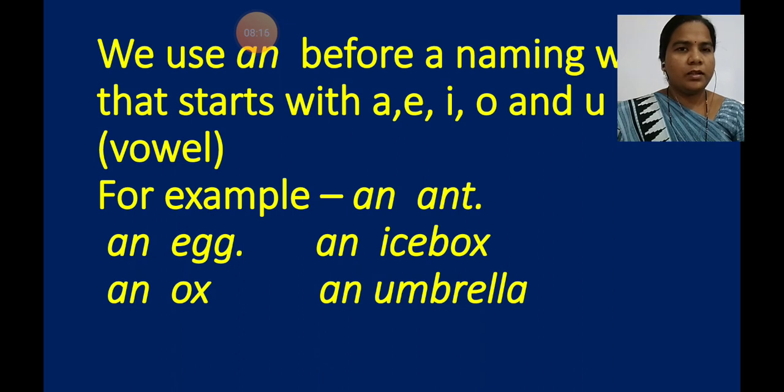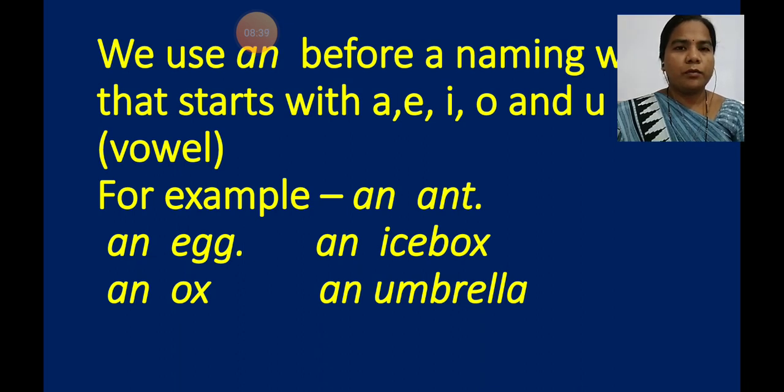What is the next one? An egg. Now egg has started with vowel sound E. E for egg. So because of this vowel sound, we have to use an before this word.